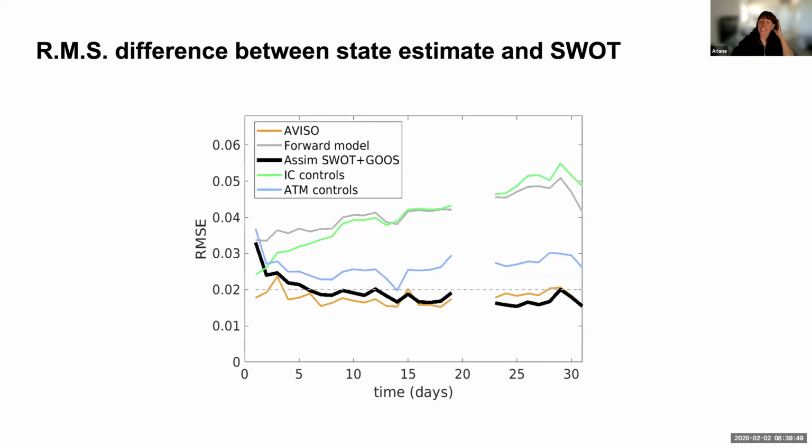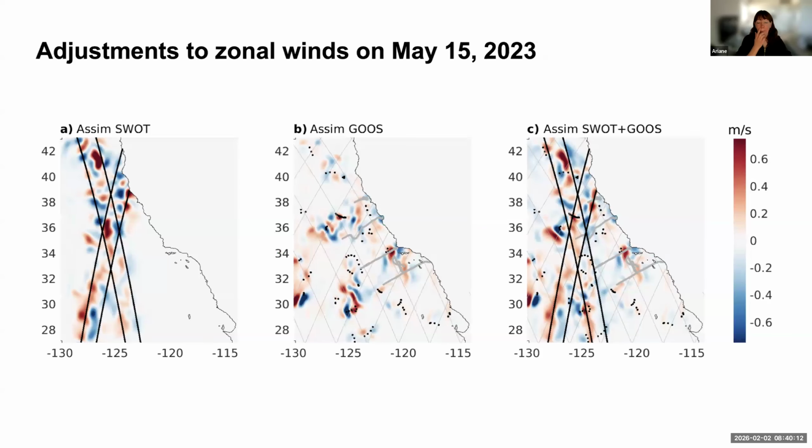So I want to dig in more and figure out what are the adjustments here at the beginning of the simulation. Is it the winds? Is it the heat fluxes? I need to do more looking into these patterns.